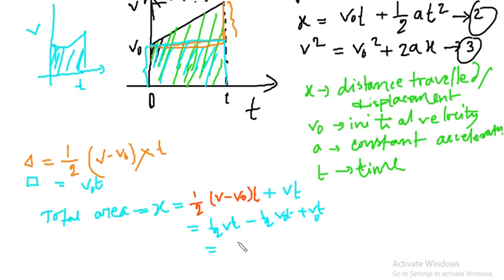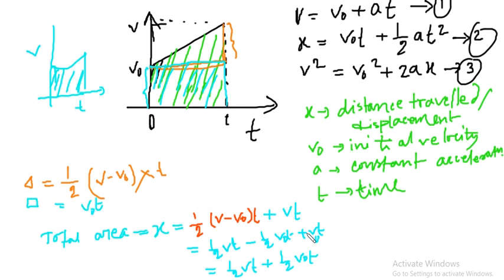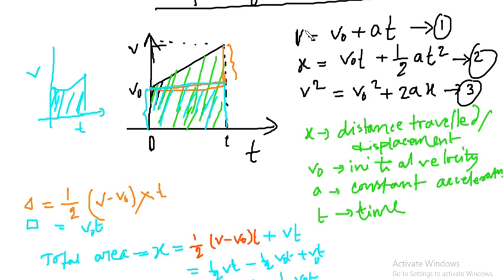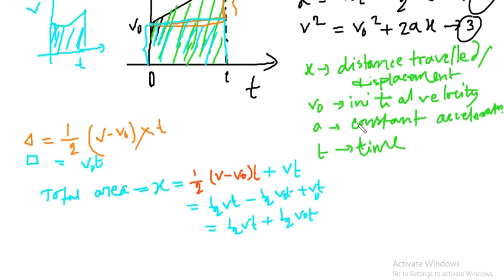So what we are getting is half vt plus half v0t. Okay, so here we can put the value of v from equation 1.